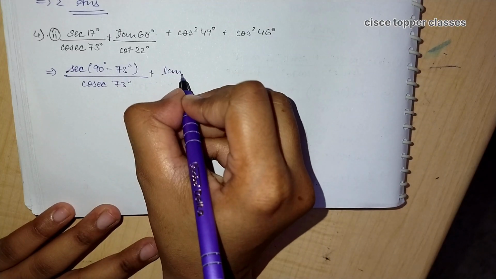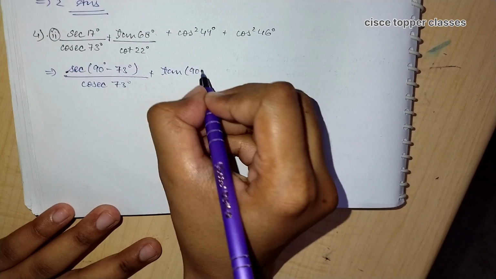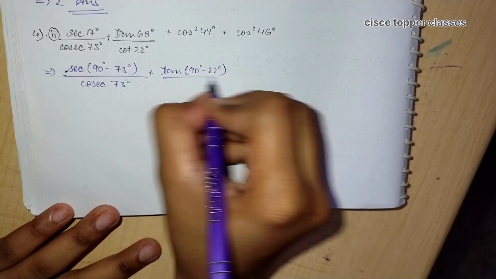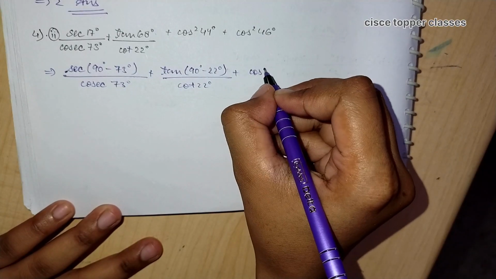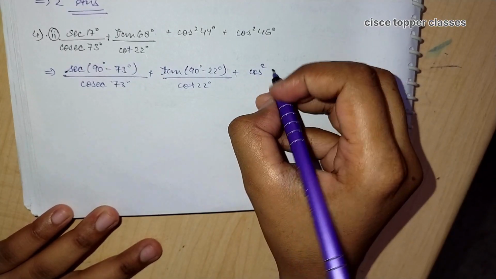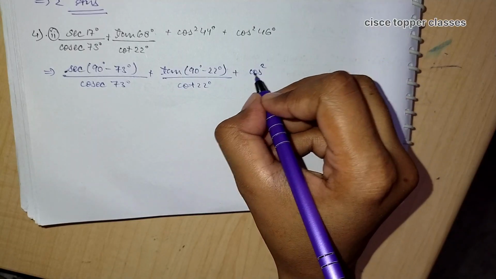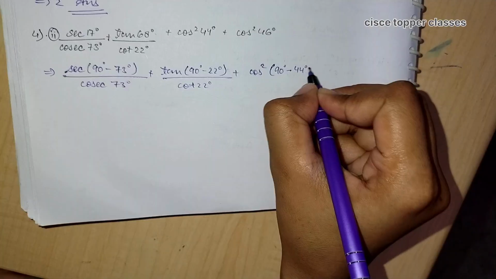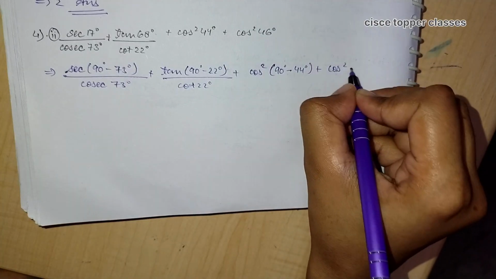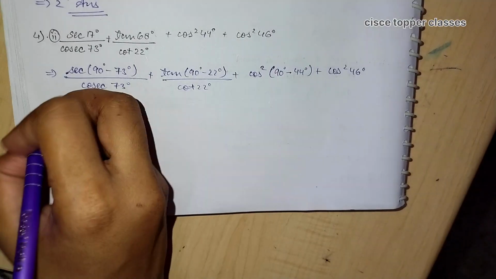Again tan 68 degree as tan(90 - 22), so tan(90 - 22) divided by cot 22 degree plus cosec square 44. This part we can write as 46 also. So cosec square 44 we can write as cosec square(90 - 44) degree, plus cosec square 46 degree. So this is cos square 46.